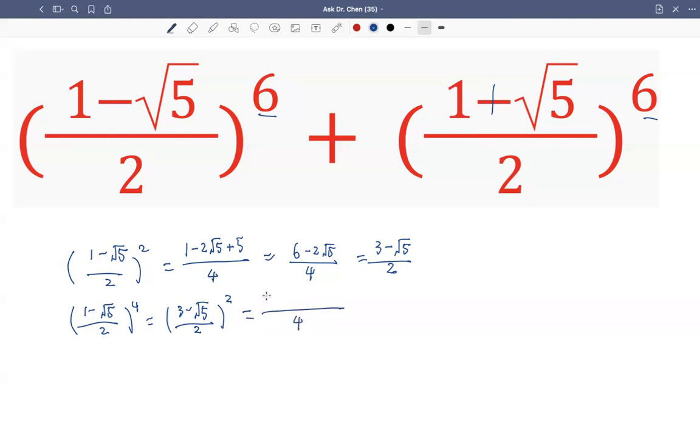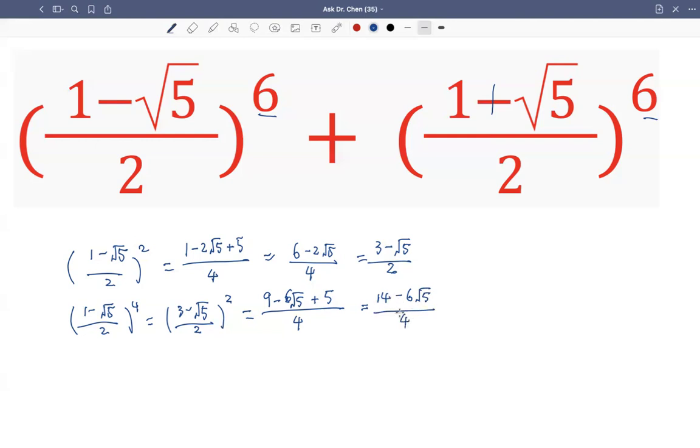The numerator perfect square, 3 squared is 9, minus 2 times 3, 6, 6 times radical 5, so negative 6 radical 5, then plus radical 5 squared, which is 5. 9 plus 5, 14, minus 6 square root of 5 divided by 4.